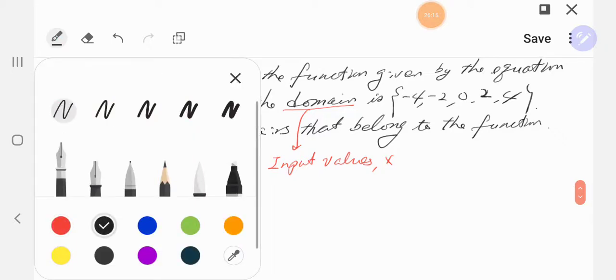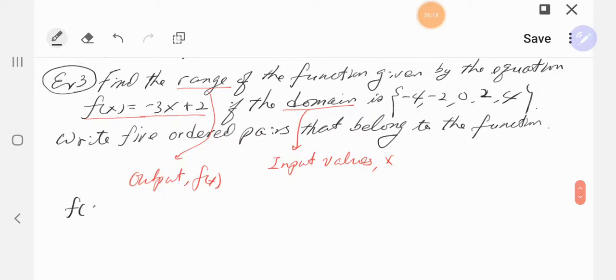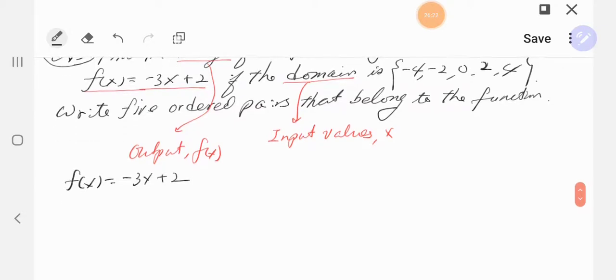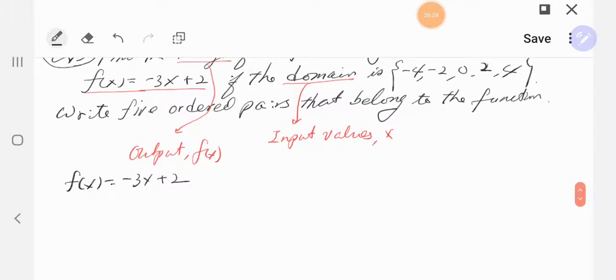So let me write f of x is equal to -3x plus 2. From this, there are 5 input values, so we will have 5 output values. These are the input values, so based on each input value, we will find the output.